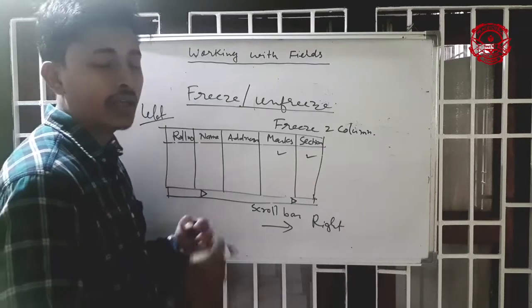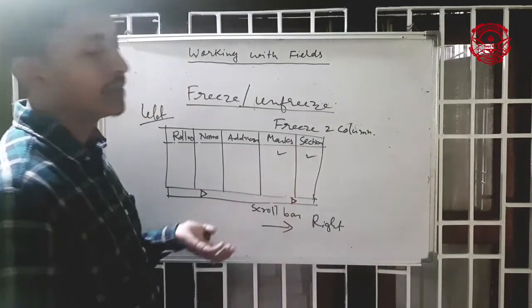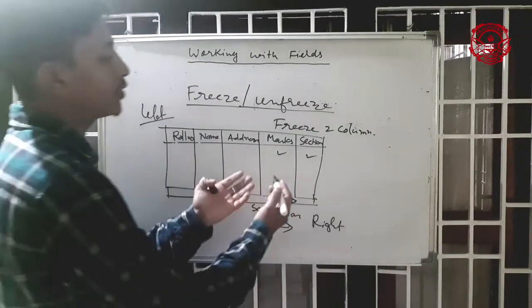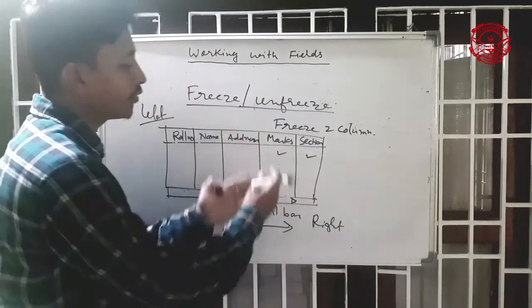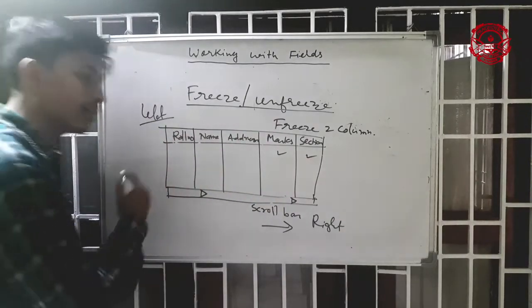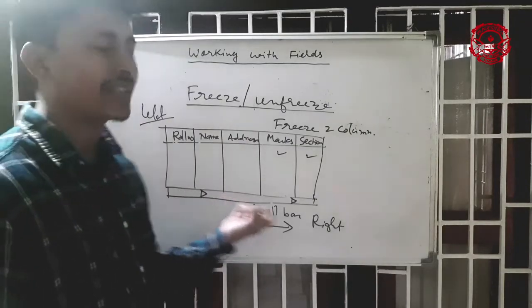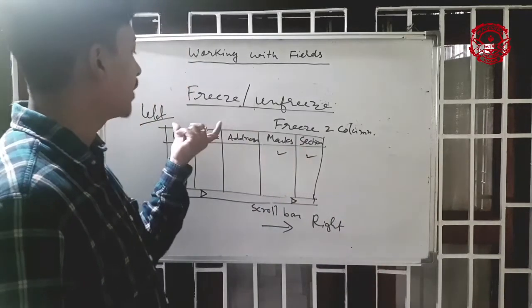Sometimes one or more fields need to be visible all the time. So that's why we have to freeze them, so they are always visible on the left side. If you go to the right side, no problem, they will always be visible on the left side.